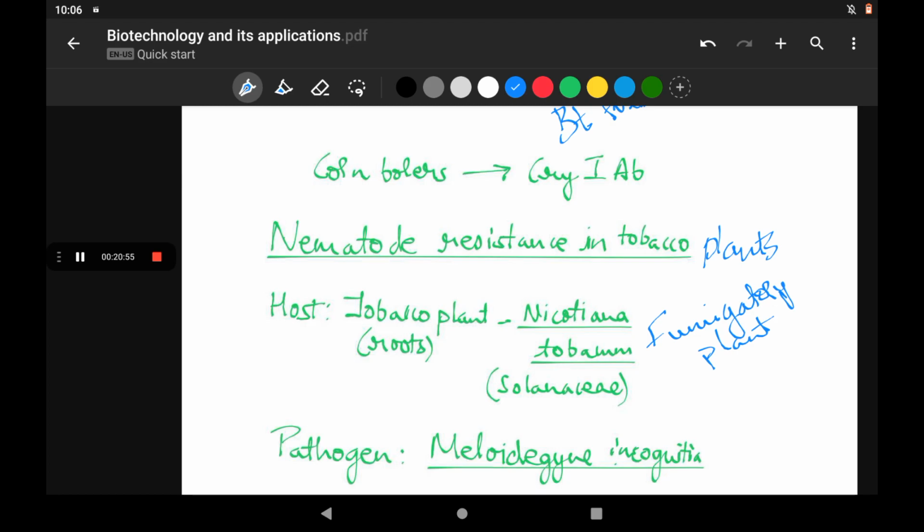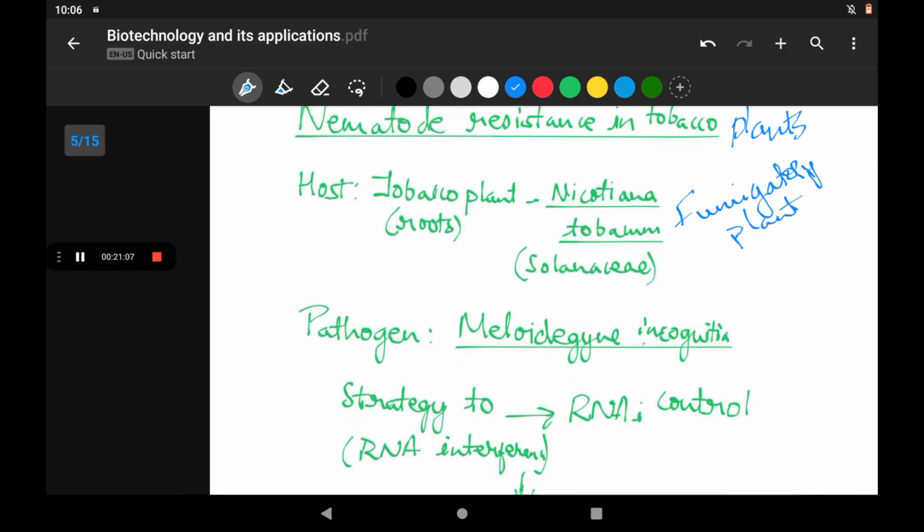So you just know some information apart from what has been given in the NCERT book. The host plant is the roots of tobacco plant, Nicotiana tabacum, Solanaceae. The pathogen is Meloidogyne incognita. This is a nematode which belongs to the phylum Aschelminthes.